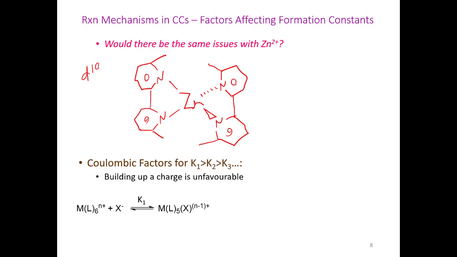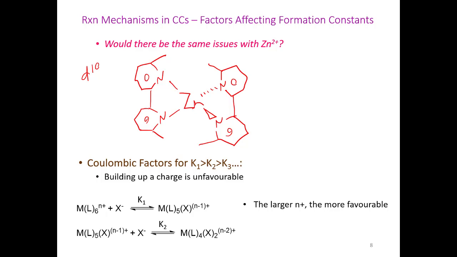Say you had n plus positive charge on that initial metal complex. With each successive ligand substitution with an anionic ligand, you're going to lose some of that charge on your metal complex. The larger the n value, the more favorable it will be to do the initial anionic ligand substitution reaction.